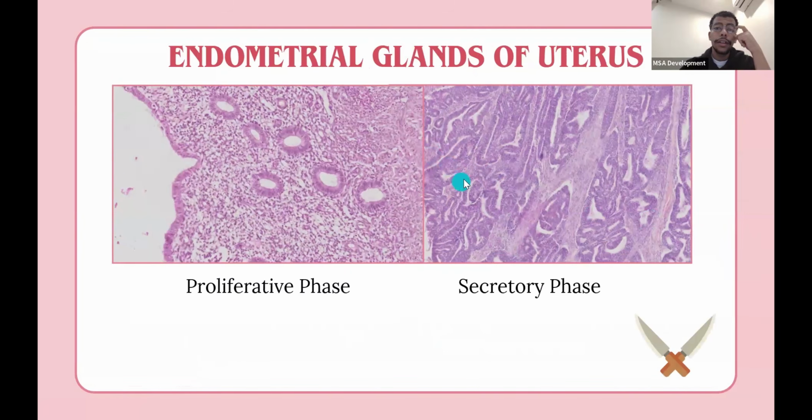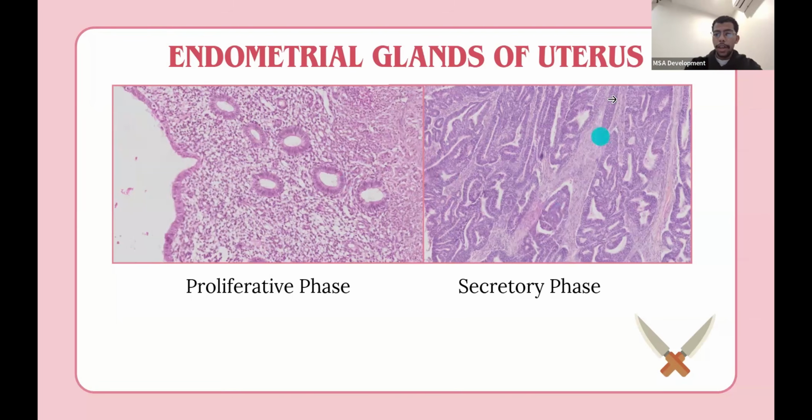Now, the uterus, the endometrial gland. These are two different phases. We're going to get into the details later. However, the difference between them: in proliferative phase, because it's endometrial glands in a proliferative phase, they're multiplying. So think of it as bubbles joining together to make a gland, or acini coming together to make a gland.